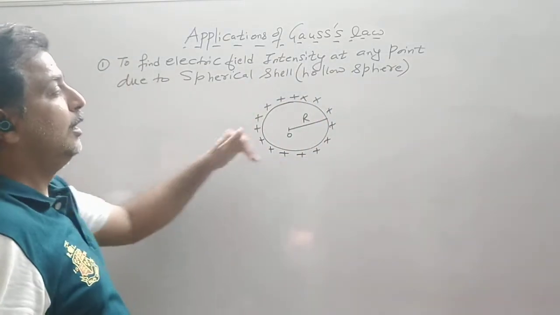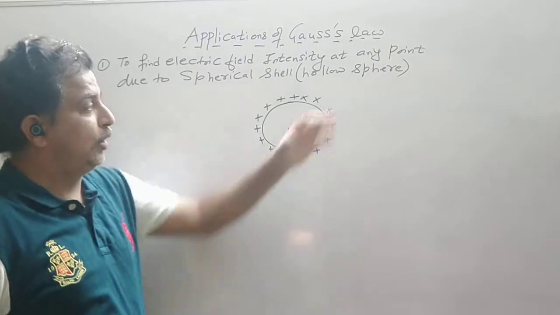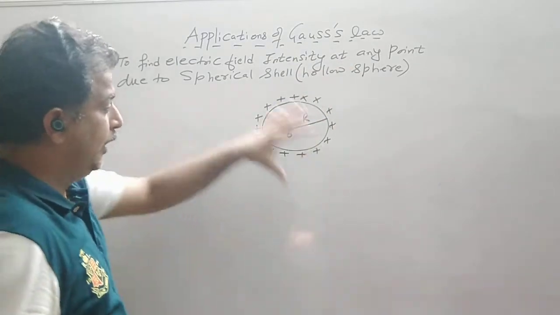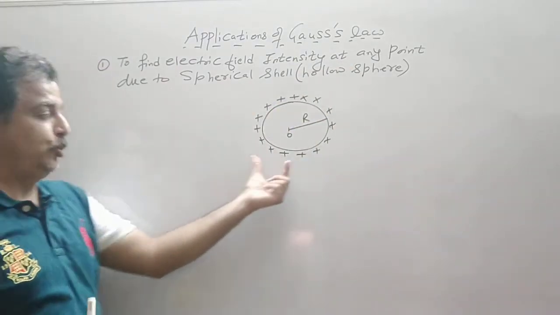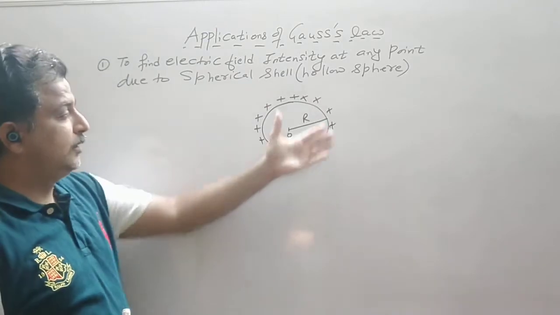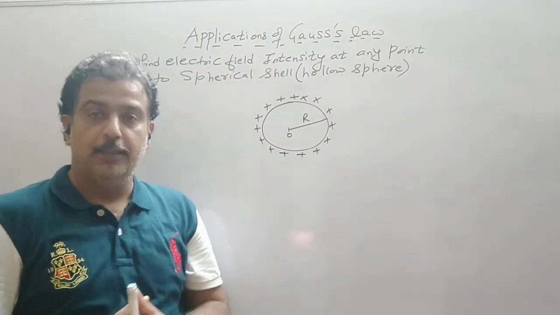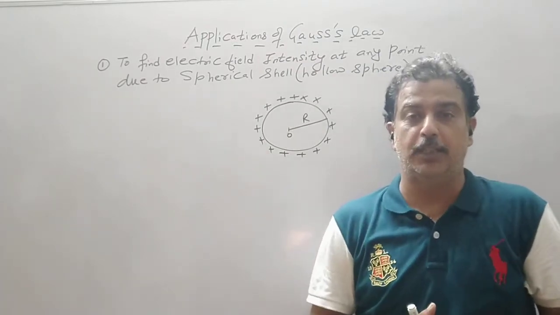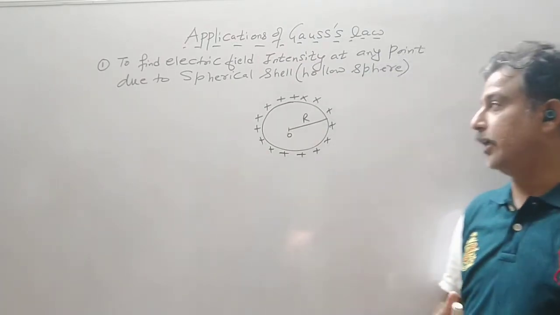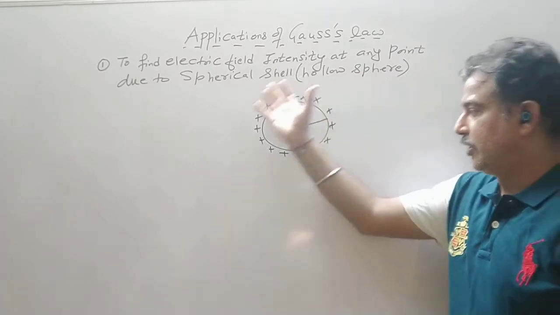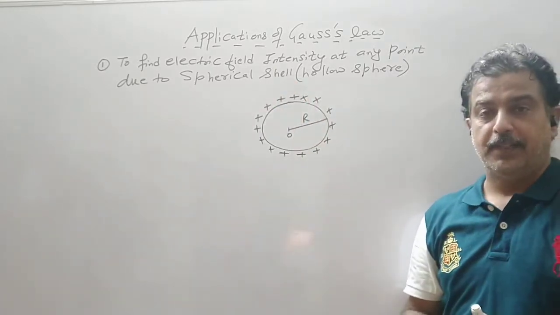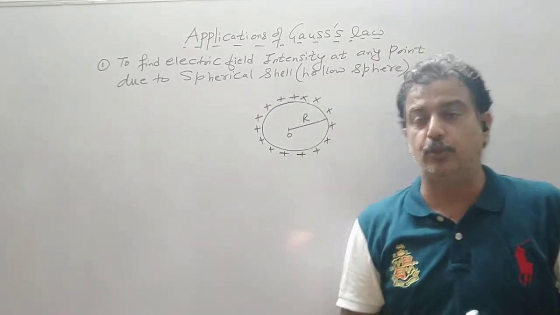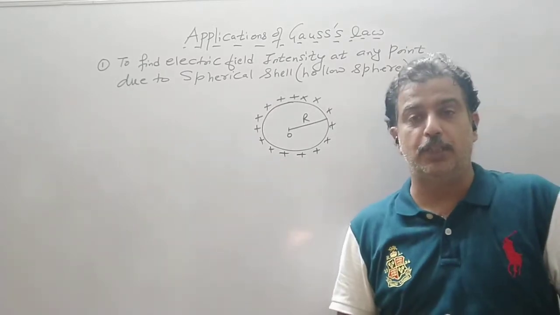Now before we choose any point P, let us understand this distribution. If you remember, this is a continuous charge distribution, and continuous charge distributions are of 3 types: linear charge distribution, surface charge, and volume charge. So this is a surface charge distribution. Linear charge distribution was 1D, surface is 2D, and then we have a volume charge distribution, 3D.